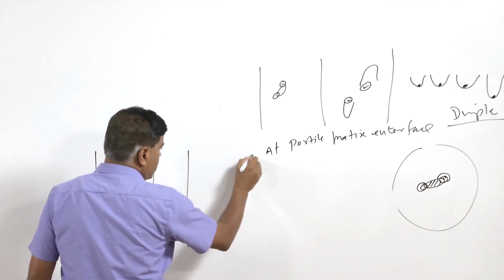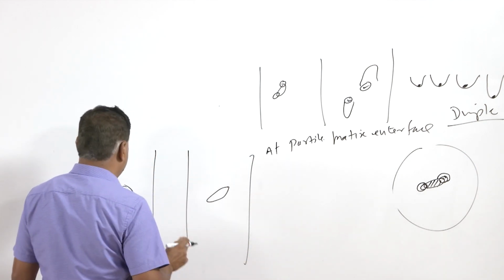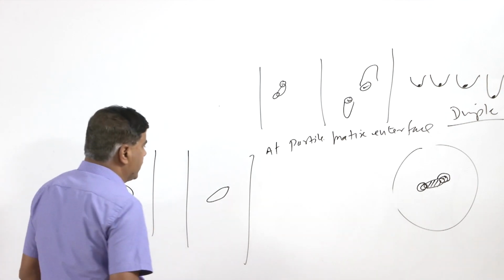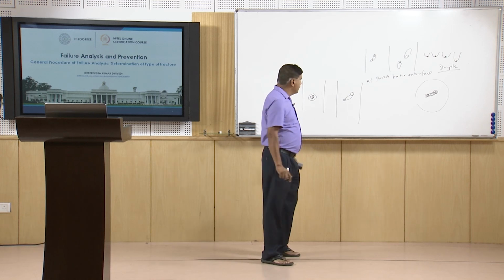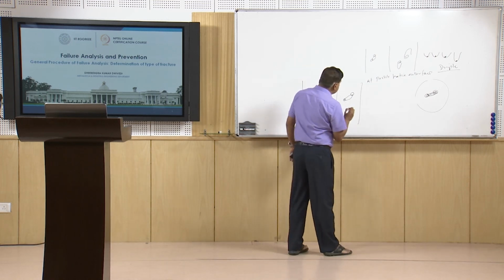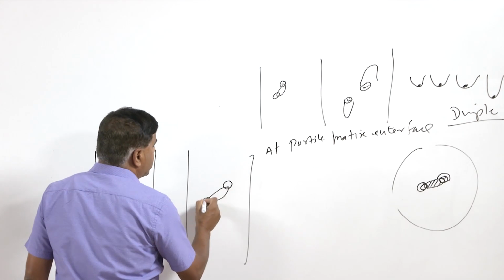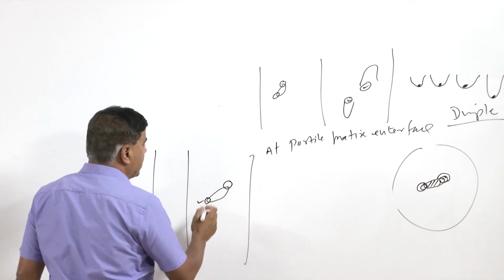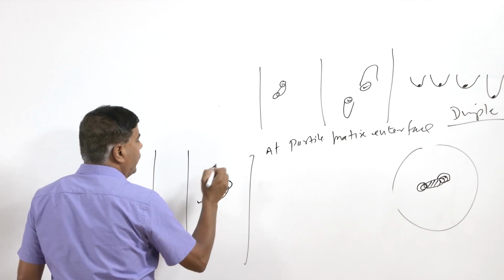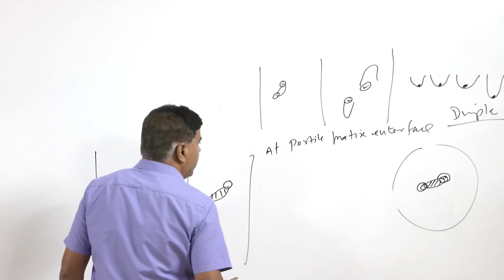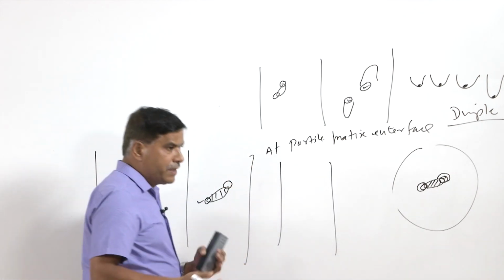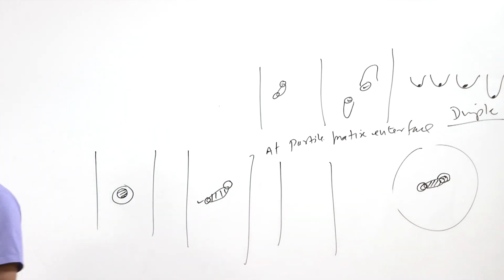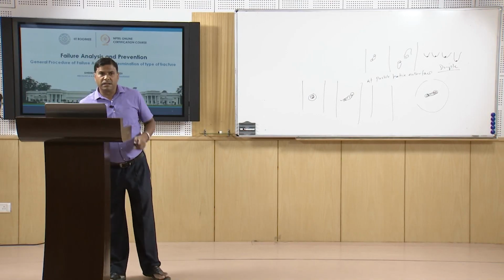In the second case, when the particle is of a needle shape or elongated, obviously the nucleation takes place in the area of high stress concentration, that is, at the tip of the second phase particle. And in the third case where plane strain conditions exist, the void nucleation occurs in a different way, which I will be showing in this diagram.